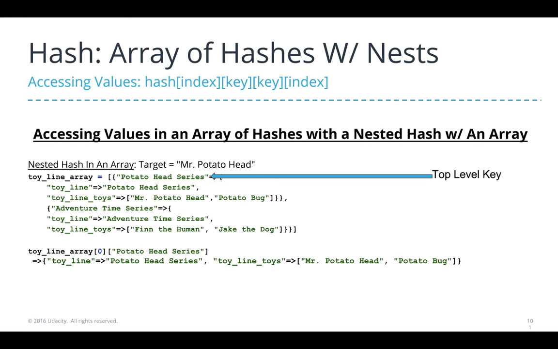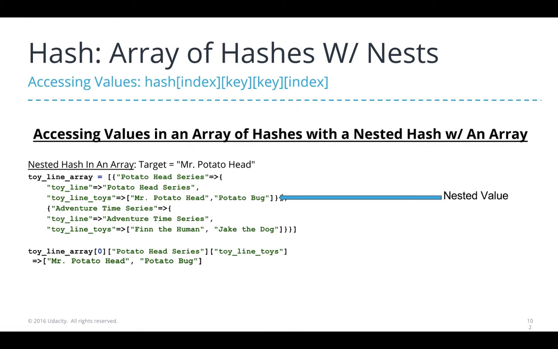So Potato Head series is our top level key. We're going to investigate for this nested value of Mr. Potato Head and Potato Bug that are contained within an array. And we're going to specifically be interested in Mr. Potato Head that's located at index 0.